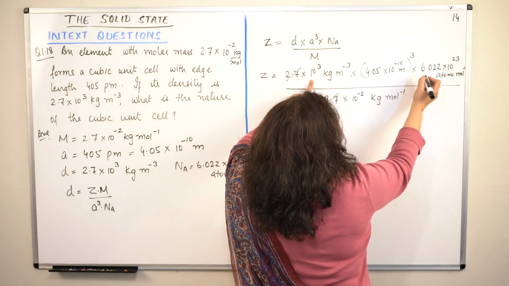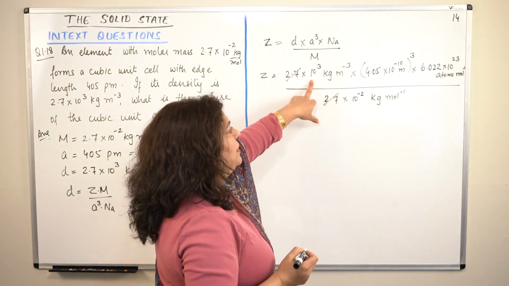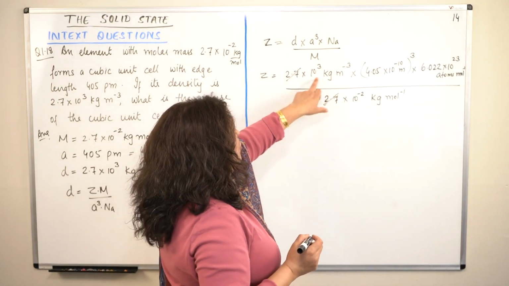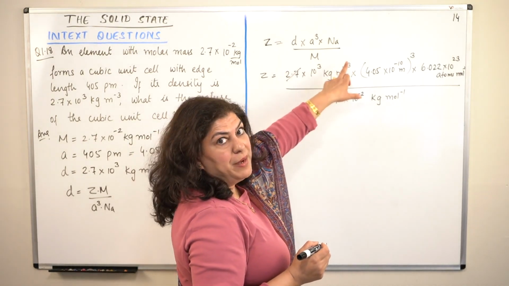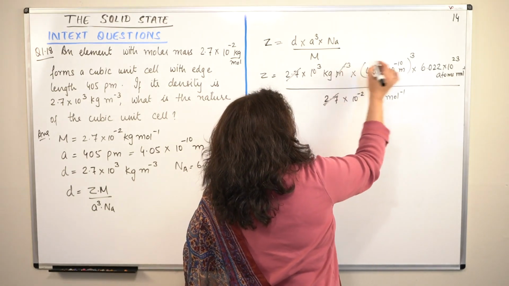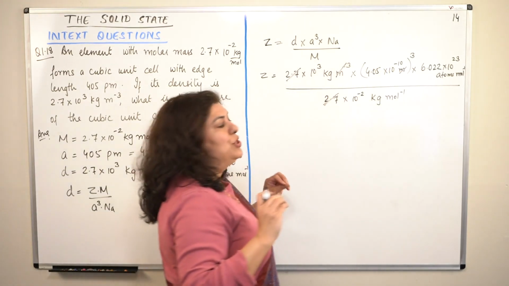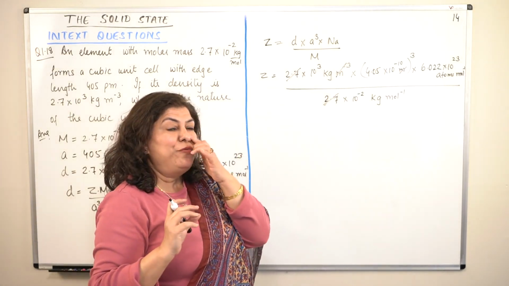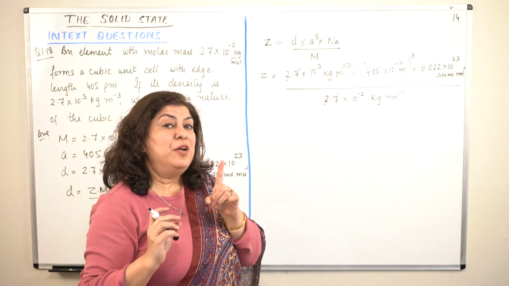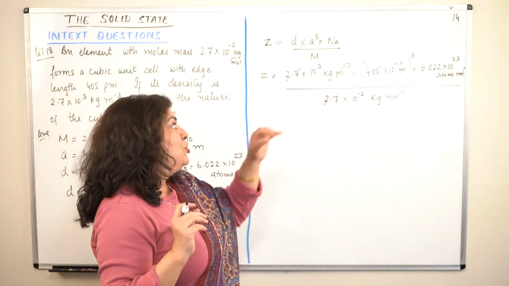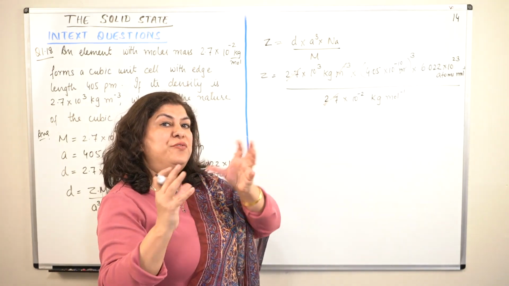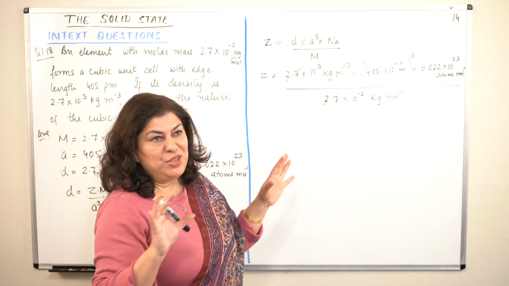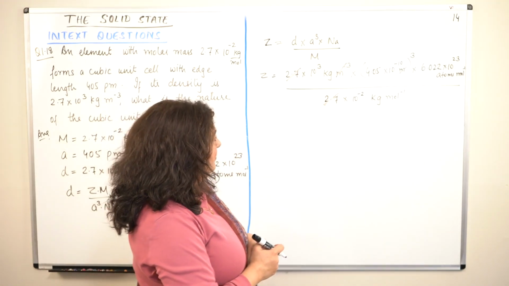This meter, if you bring it out, it becomes meter cube. So meter cube and meter minus 3 will get cancelled. Do you see? The units will get cancelled. Z is only a number, so it should not have units. So if you cancel out the units first, you know whether you've plugged the quantities correctly or not.